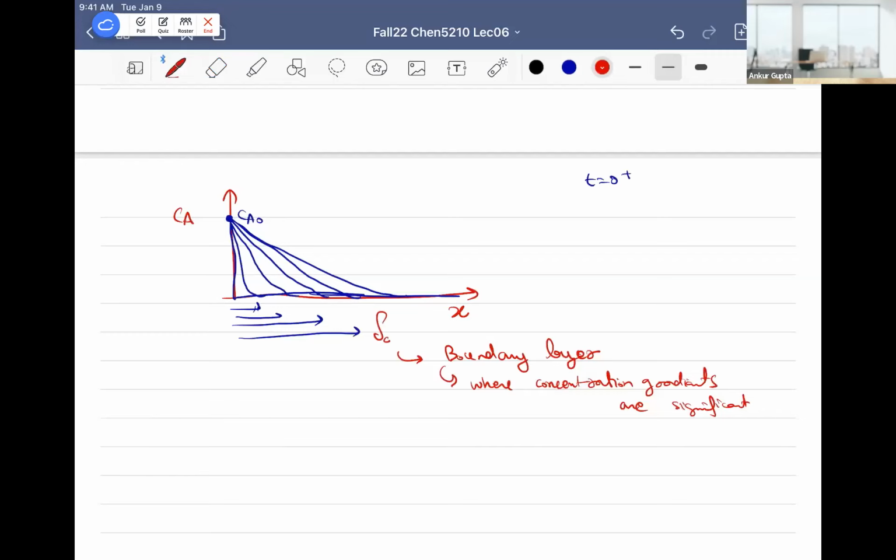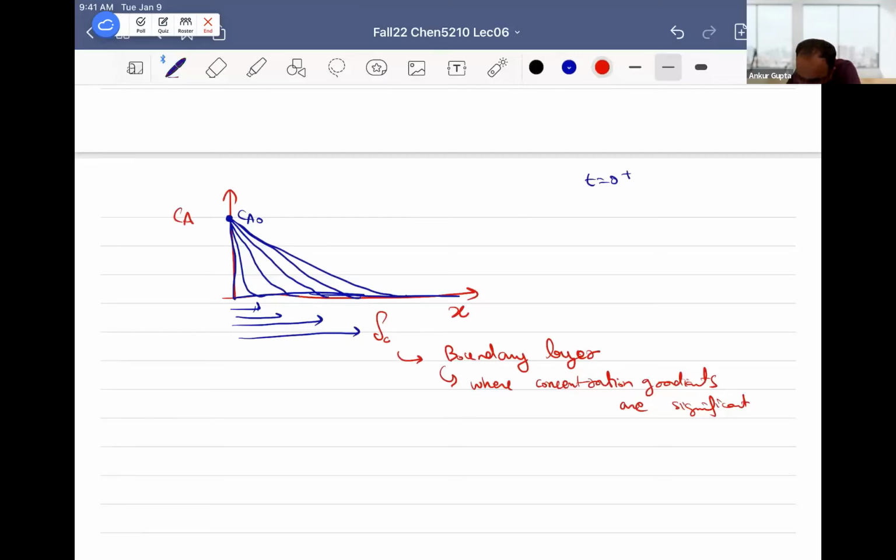The idea is simple: I can see it's going again and again inside, and I'm stretching out the concentration profile, but there's some sort of geometric similarity in these shapes. Can I shrink them down or amplify them in a way that I just get one curve? And that's the entire idea of similarity. Okay? So I have to shrink down my x-axis and my y-axis in a way that I always get one curve. Okay? So that's the idea.